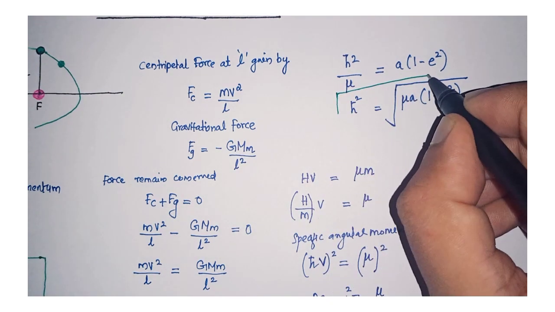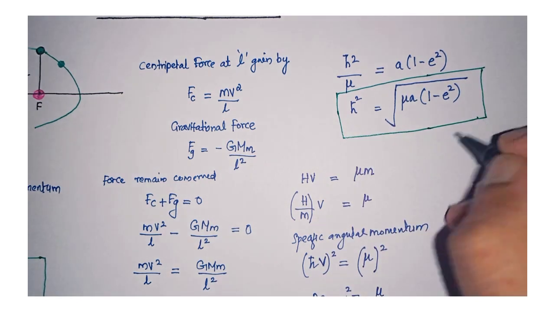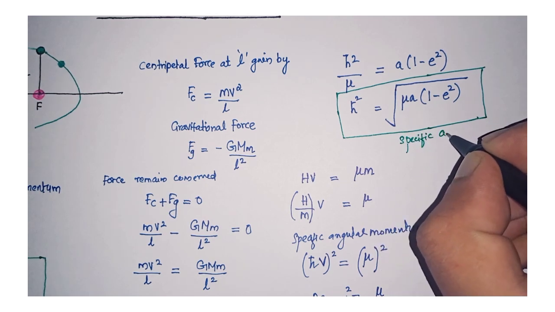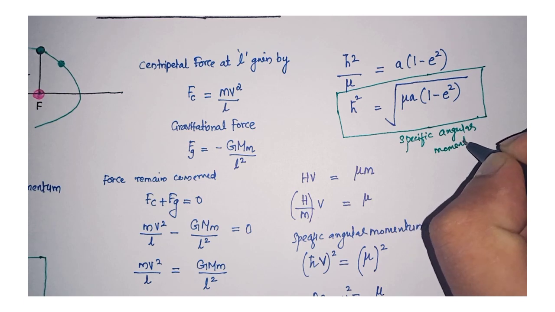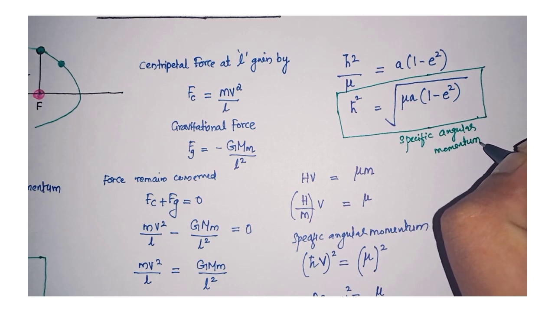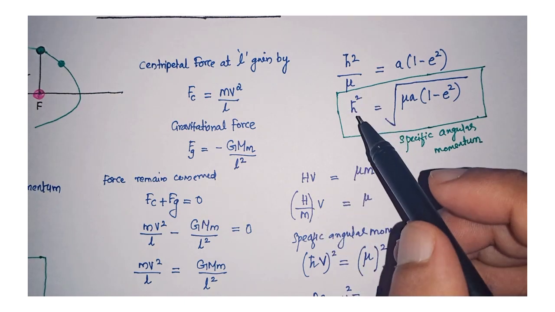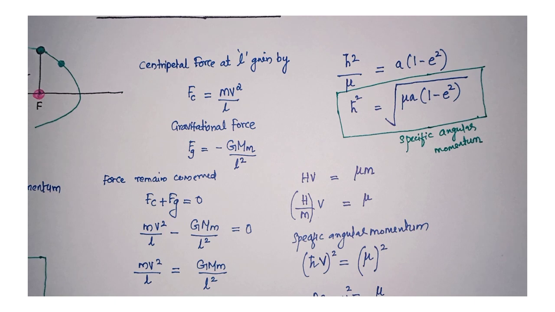Okay, so this is actually the specific angular momentum. The denotations you do accordingly, because this is convenient for me, and that is the reason I have taken h cap here. If you are going with small h for angular momentum, you can take small h, and h by m you can take for h cap or h star or something.